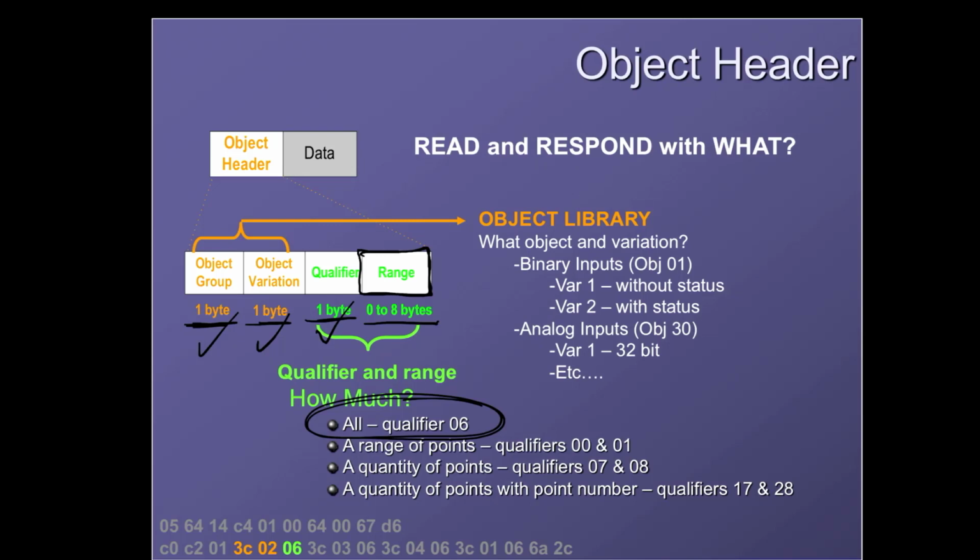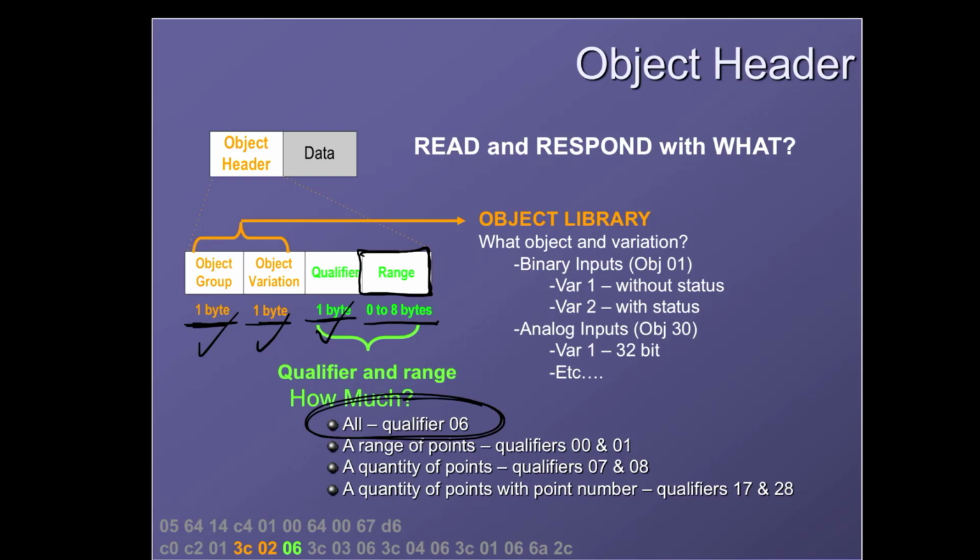If I'm looking for all points, I don't need to indicate where to start and where to stop because I'm asking you for everything. So when it comes to an 06 qualifier, that's what you're going to see most commonly in a request, and it's dead simple to work with because there is no range field. And as soon as we see 06, we know that.